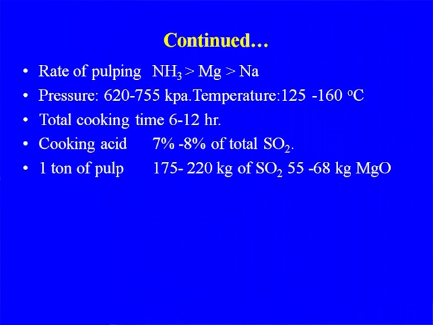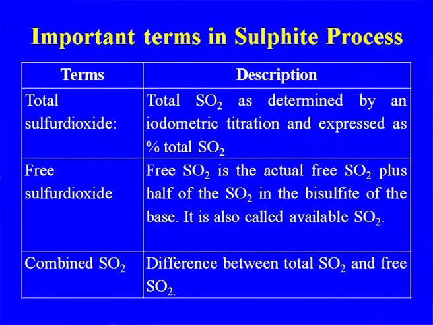These are the cooking conditions, and then these are some of the terms very commonly used in sulphite pulping: total sulfur dioxide, free sulfur dioxide and combined SO2. As in kraft pulping, here we also use some terms. The total sulfur dioxide is important, and that can be determined by titration.